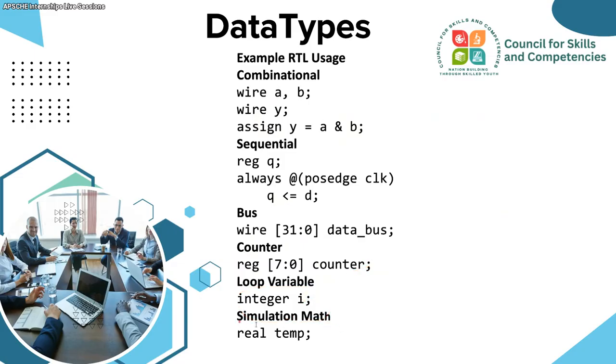For simulating something like a max, you go for real and time. It is not synthesizable. For temporary calculation, you can use it for math operations. So these are some RTL usages where you can work. But this you cannot synthesize, only for simulation, but others can be synthesized.